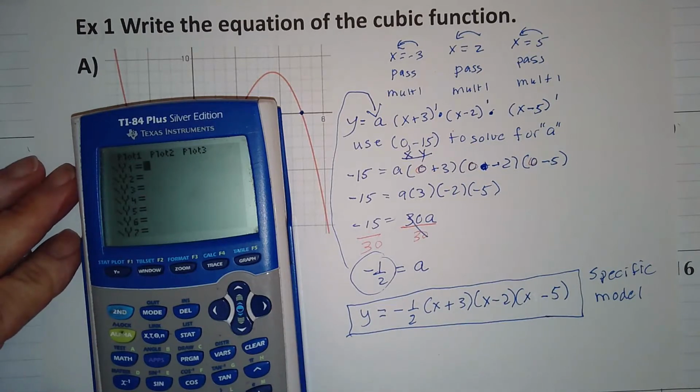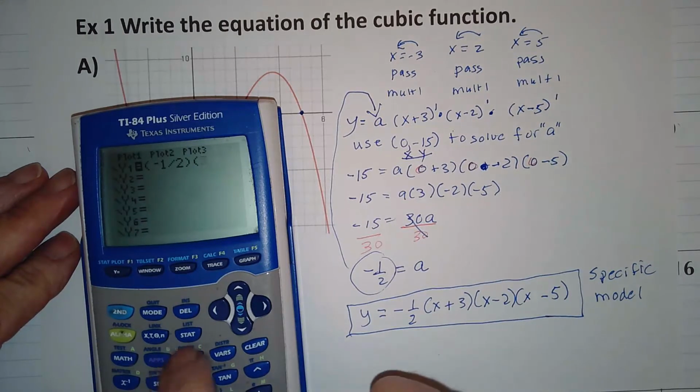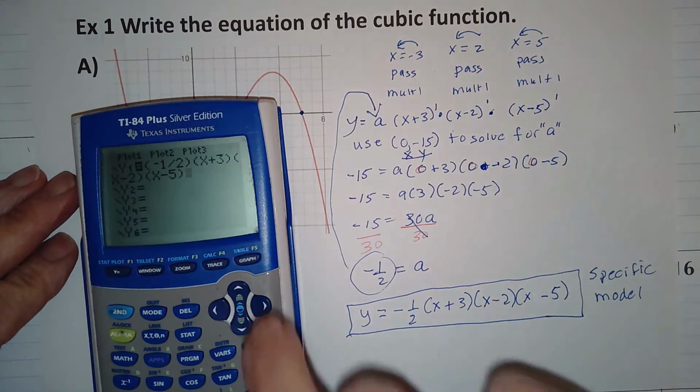So I'm going to type in parentheses negative 1 divided by 2, for negative 1/2, times parentheses x plus 3, close that parentheses, times x minus 2, close parentheses, and then times x minus 5, close that parentheses, and then we would graph that.